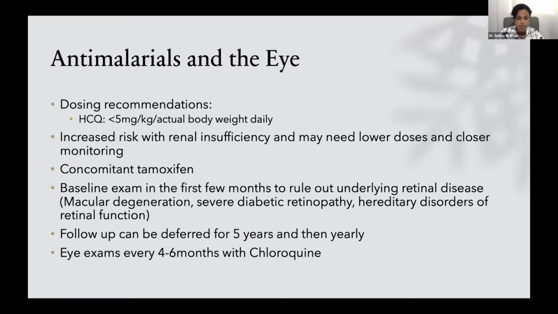The guidelines do suggest that you can start hydroxychloroquine, but the patient should have a referral to go and see an ophthalmologist, not an optician, an ophthalmologist, to evaluate for macular degeneration or any severe diabetic retinopathy or hereditary disorders of retinal function.